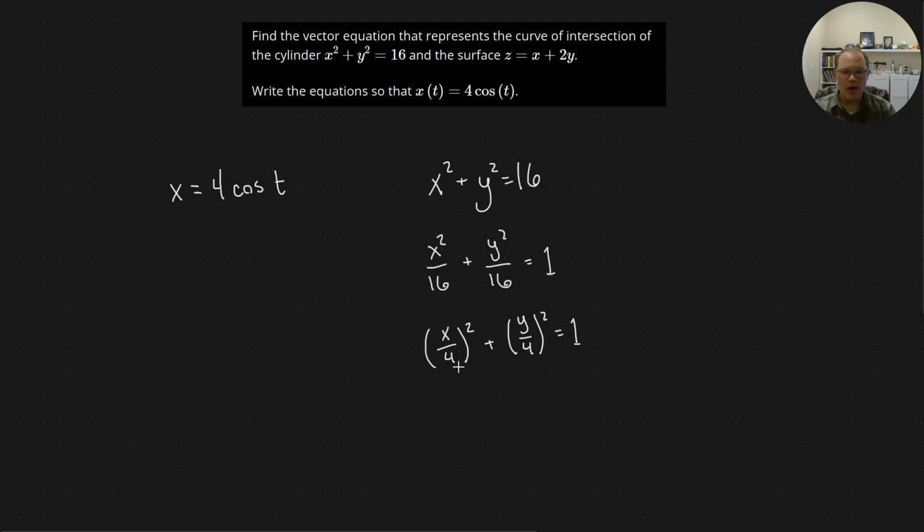I could say, okay, if I think of this as cosine and I think of this as sine, then I'd have cosine squared plus sine squared equals 1, right? Whenever I want to parameterize something that's 2 squared things equals 1, cosine squared plus sine squared, that's what I should be thinking. It's the easiest way to parameterize something like this.